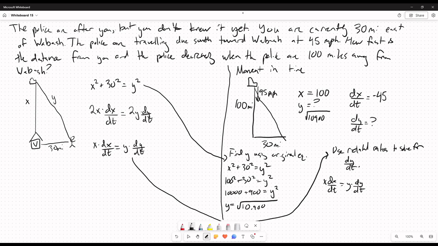In this case, x equals 100 times dx/dt equals negative 45. y equals the square root of 10,900, and we don't know what dy/dt is. But all we need to do to solve for dy/dt is divide by the square root of 10,900.